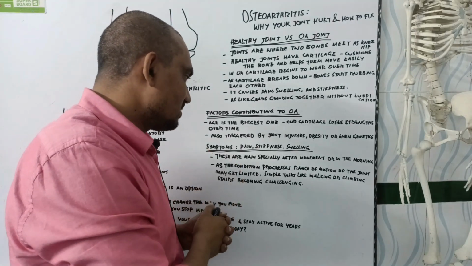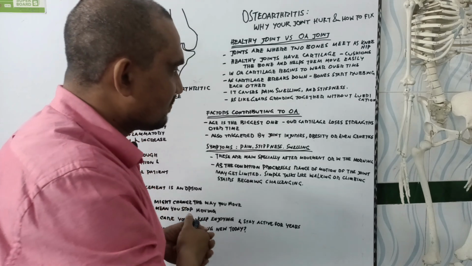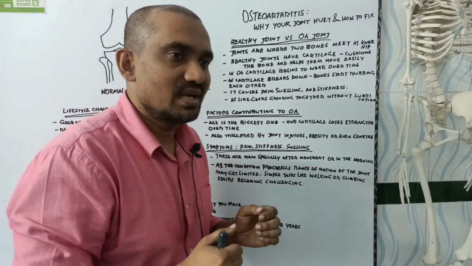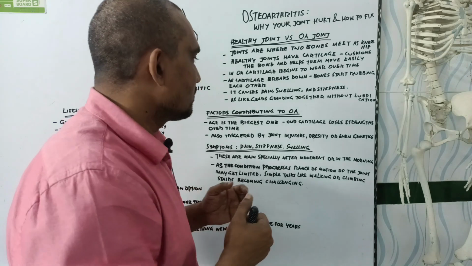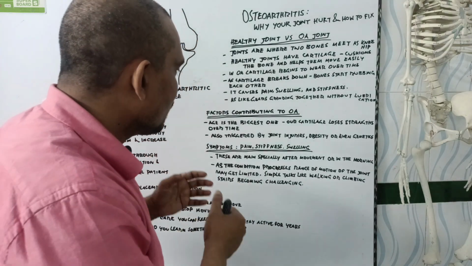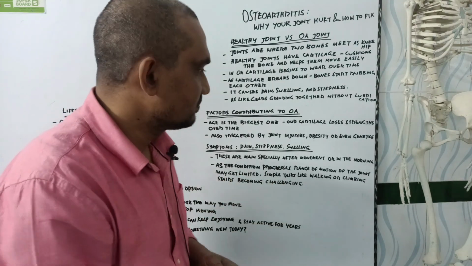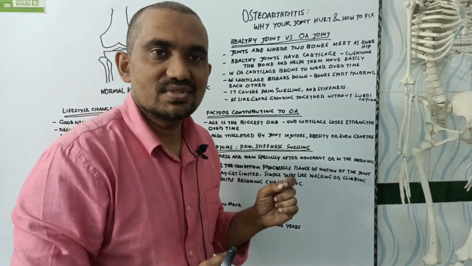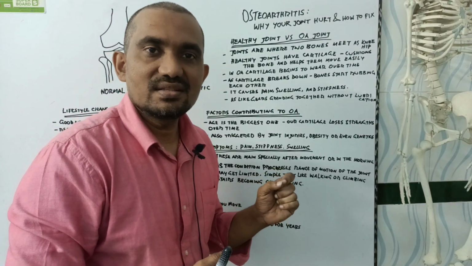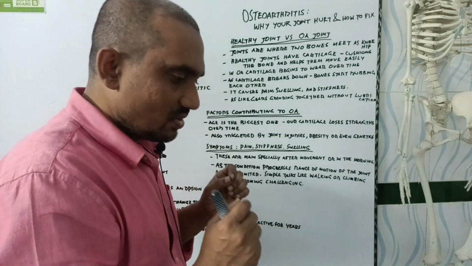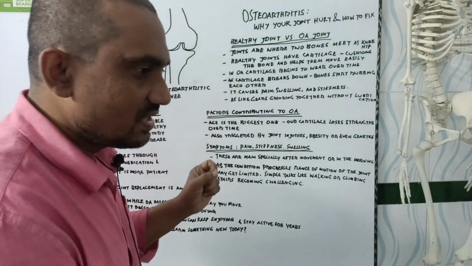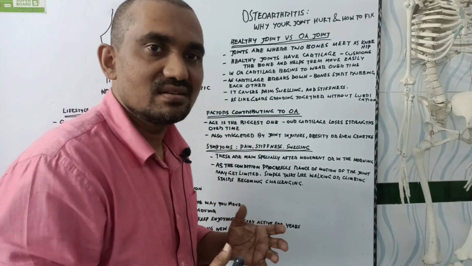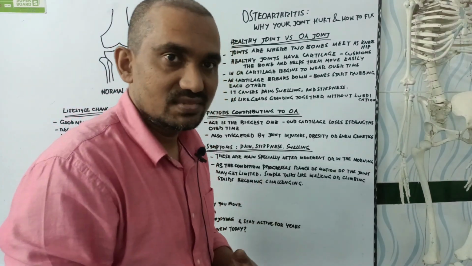The patient feels pain specifically after movement or when beginning to move, or sometimes they feel pain in the morning. That is, an osteoarthritic patient will feel pain in movement and in the morning.